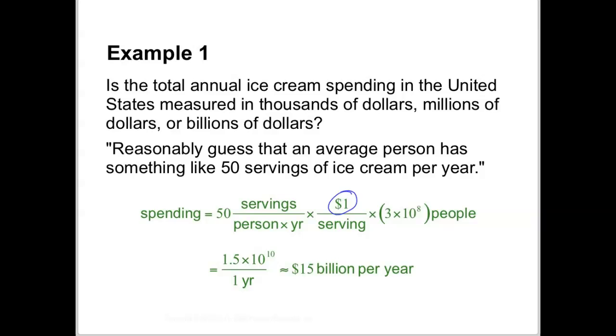So if you multiply that all in your calculator, you're going to end up with, well, actually, let's not do this in our calculator. What we actually have numerically is 50 times 1 times 3 times 10 to the 8th.